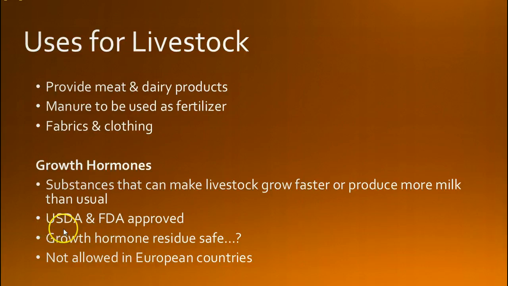They are USDA and FDA approved, but there's a lot of controversy around whether or not growth hormone residue is actually safe, when it gets into the meat or gets passed through the livestock as waste, then gets into the ground, and they eat the grass again. There haven't been really enough test results to determine that, but so far they're still FDA and USDA approved.